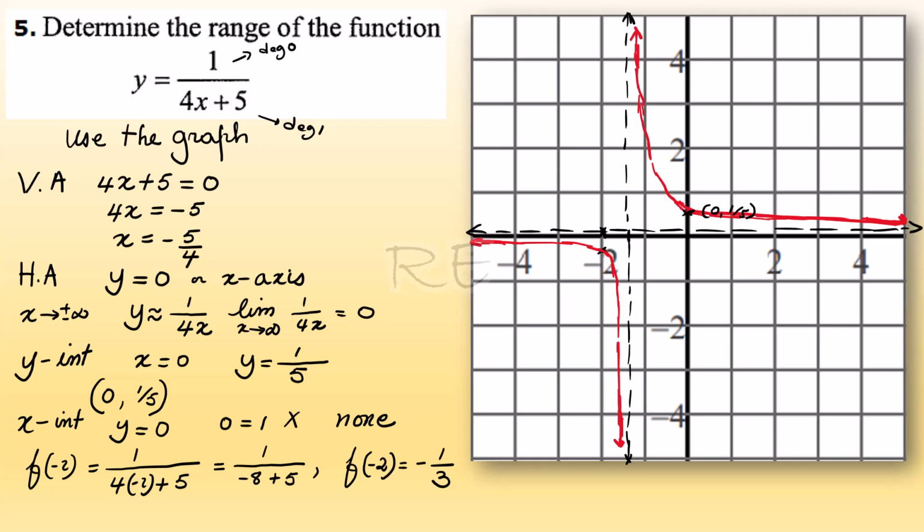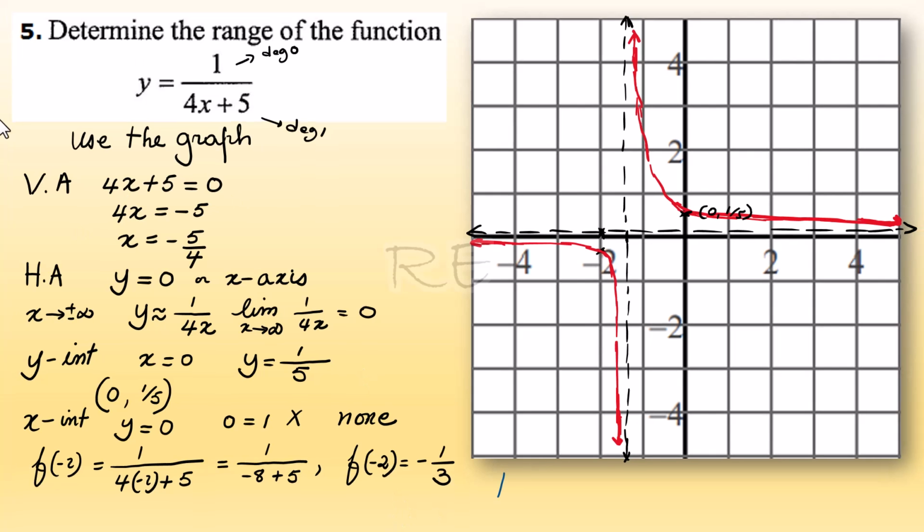We can connect the dots and have the second branch of the curve, which goes from negative infinity to 0, 0 not included. So the spread of y will be from negative infinity to 0, and 0 is not included.